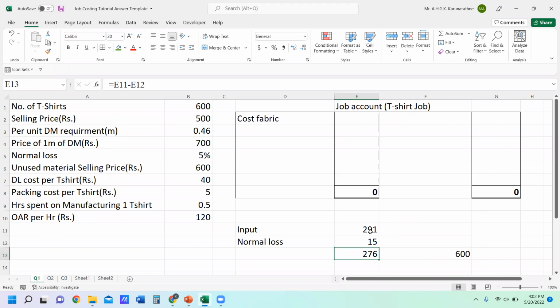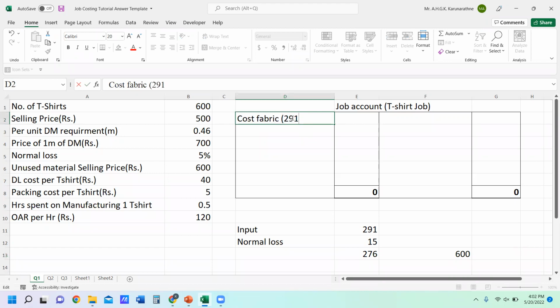Then the raw material consumed for the production process, the fabric included in the manufacturing, the output would be 276 raw material. Now you can see we can make 600 t-shirts. Accordingly, cost of fabric consumed should be 291 meters at a rate of how much?